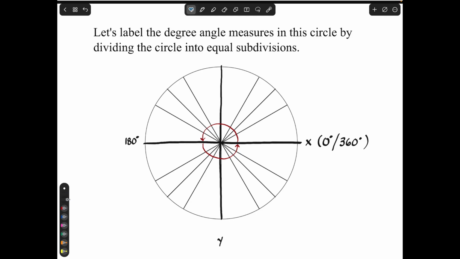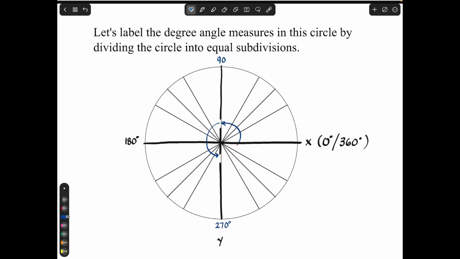Now, if we just traveled halfway around the circle, we could look at what our measurements are going to be. If we went half of that 180, remember that forms our 90-degree angle. And then if we went halfway around the circle from there, we're just adding 180 degrees. That would put us at 90 plus 180, which is 270.